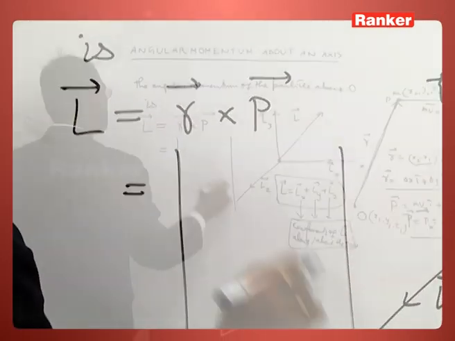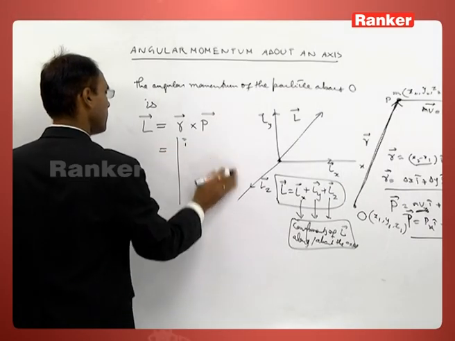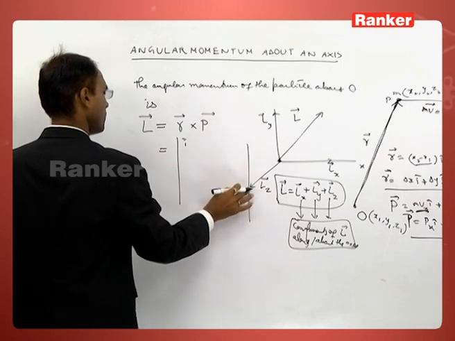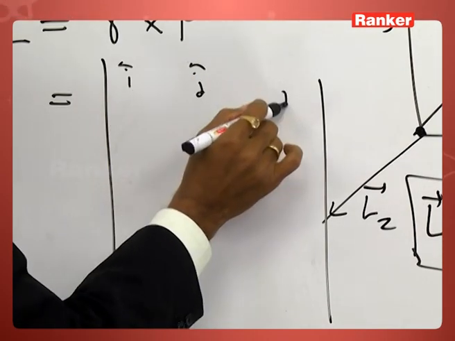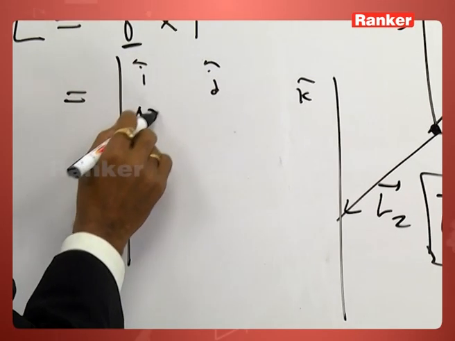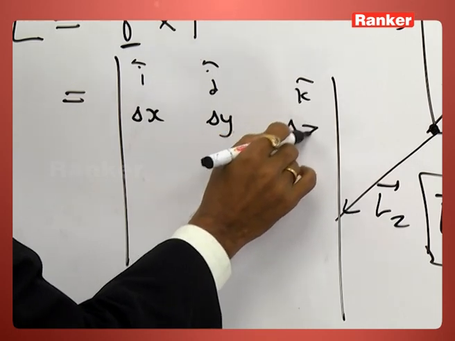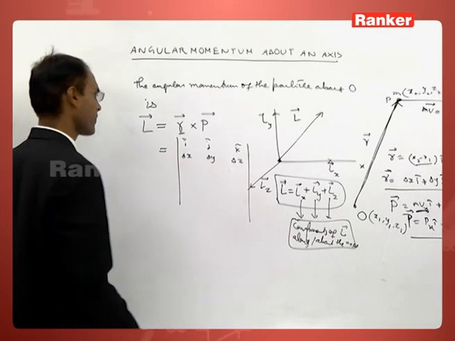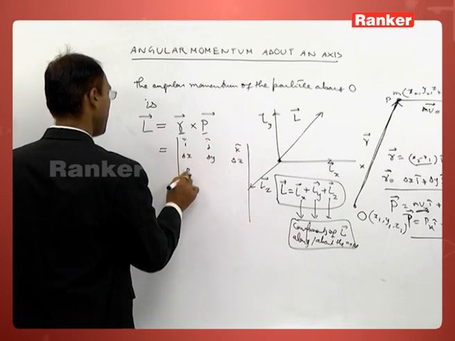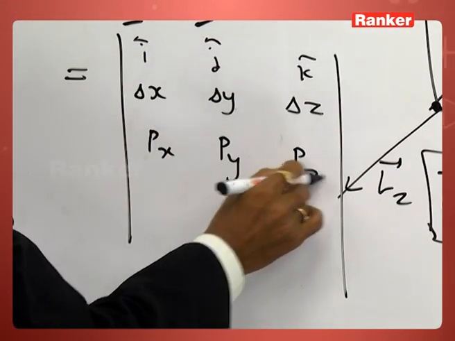In tabulated form: i cap, j cap, k cap. Its x component del x, its y component del y, its z component del z. Its x component px, its y component py, its z component pz.